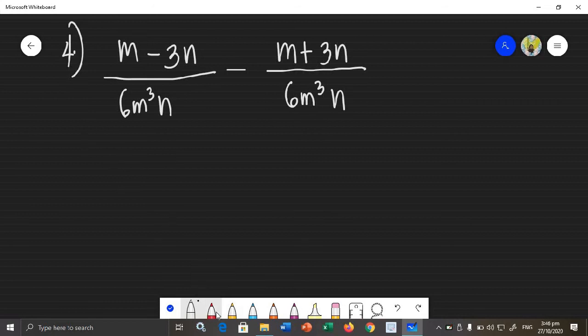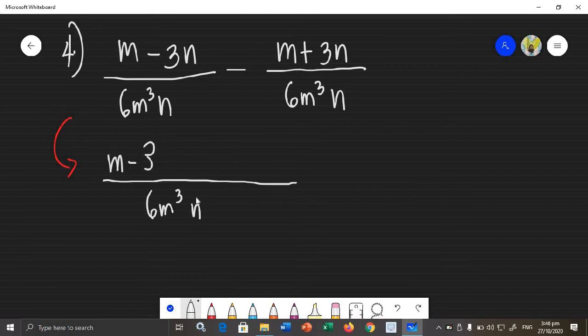Again, we should rewrite the given over a single denominator. So 6m cubed n, and then I'm going to copy this m minus 3n, and I'm going to distribute this sign. So negative times m, that is negative m. Negative times positive 3n, that is negative 3n.